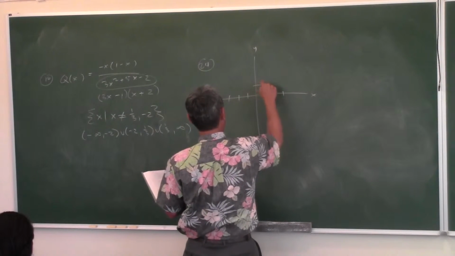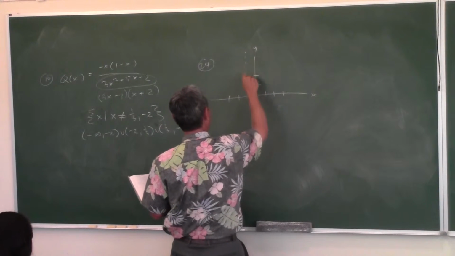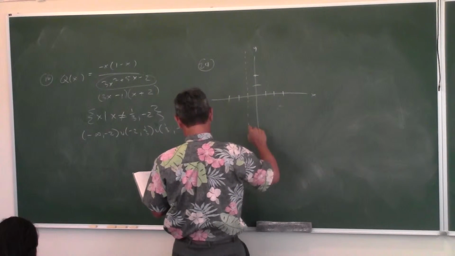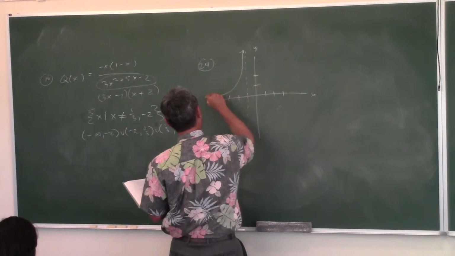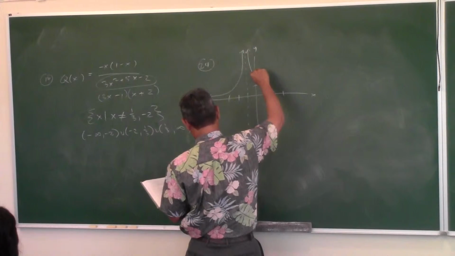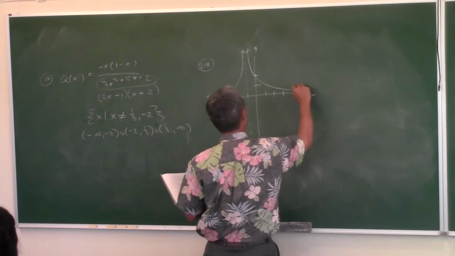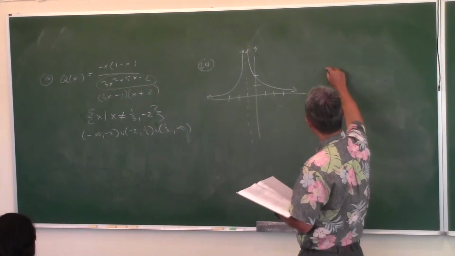Here is the point 0, 2. And then they have this thing over here. And then the graph looks like this. Okay? And then you just got to answer the questions.